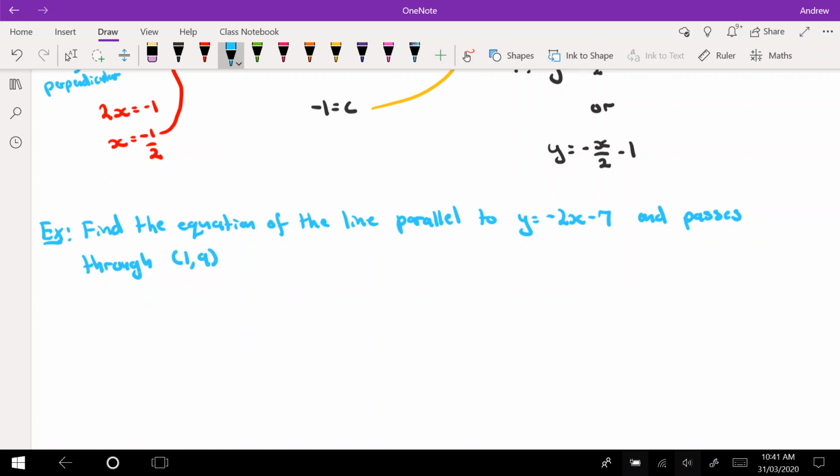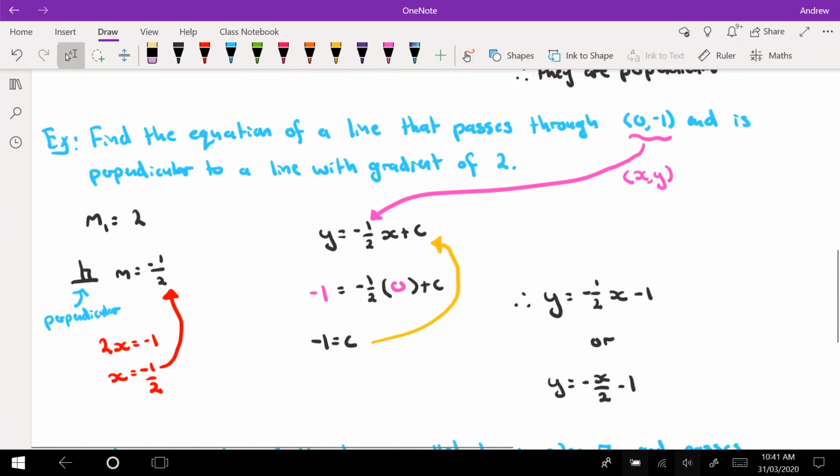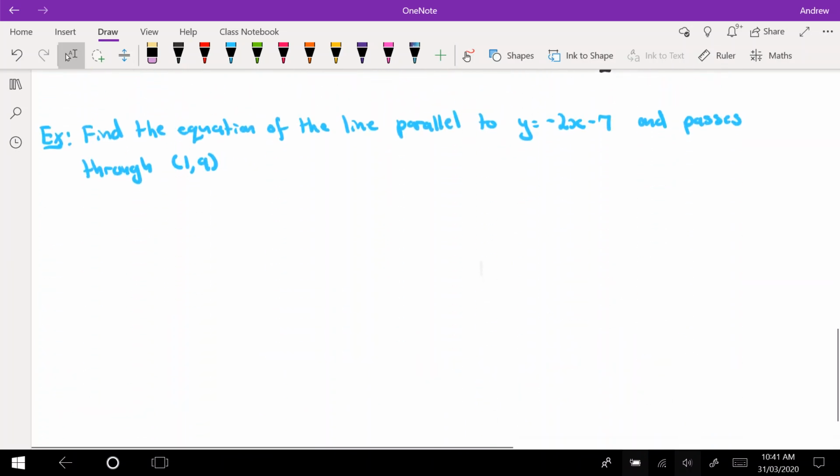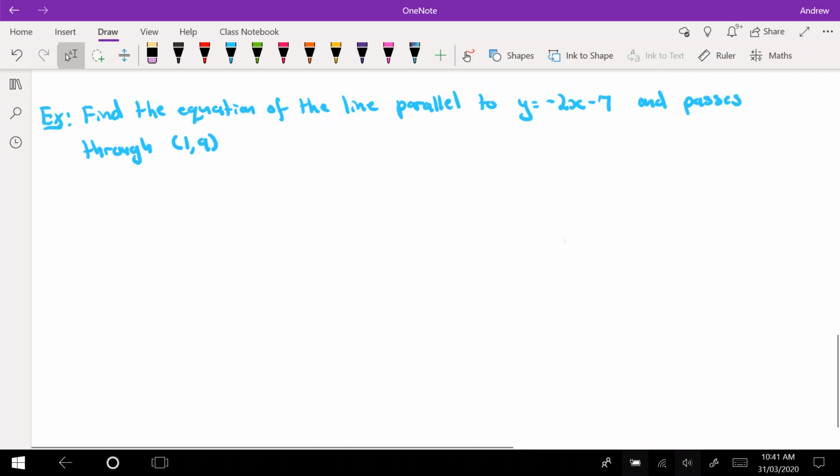Now we're all probably looking at this and going, whoa, there is way too much information in this question. Well, really, it's the exact same information as the first question, but it's written a little bit differently. So the equation of the line parallel to y equals -2x take 7 and passes through 1, 9.